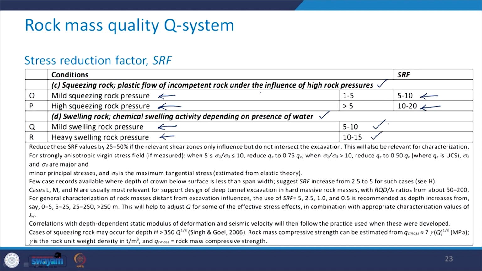And there are a few notes which are given here at the bottom of this table. Please read these, in order to handle any kind of deviation as far as these tables are concerned, so you need to take note of these comments which are given here and assign the rating accordingly.